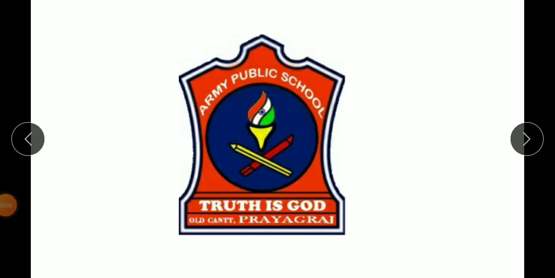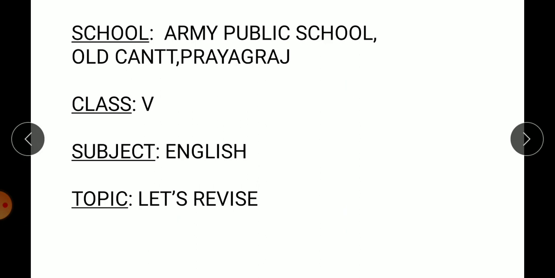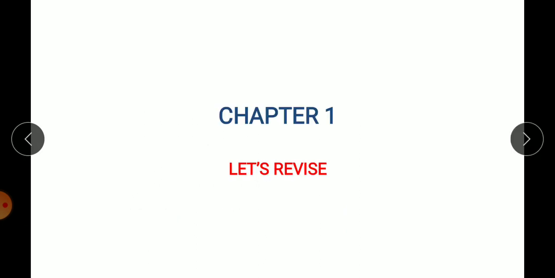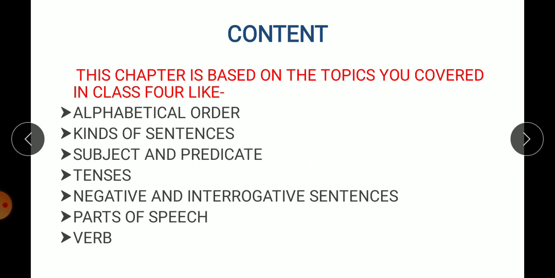Good morning class. In today's English class, we will be doing the first chapter, that's Let's Revise. Now, in this chapter, whatever things or the questions are given, they are based on the topics that you have already done or covered in class 4, like alphabetical order, kinds of sentences, subject and predicate, tenses, negative and interrogative sentences, parts of speech, verb.